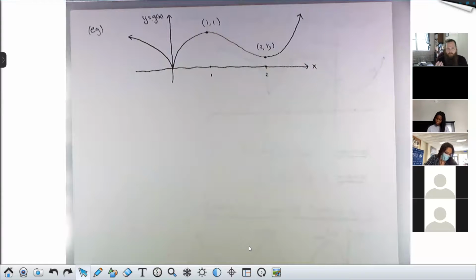So what I'd like to do is identify any local mins or local maxes. And I'm also going to show you some vocabulary. Okay. Who sees a local min?